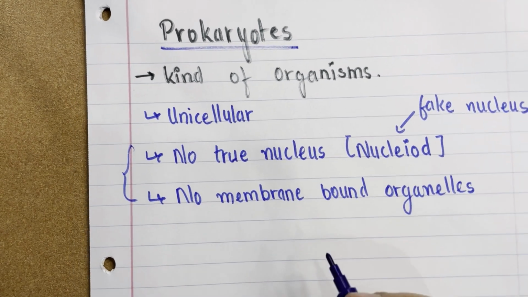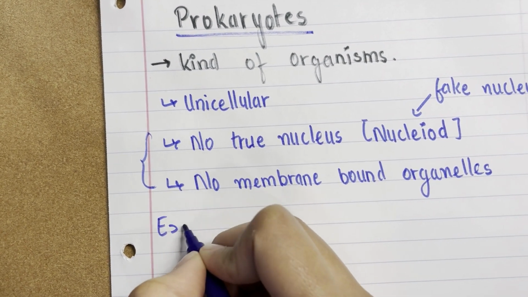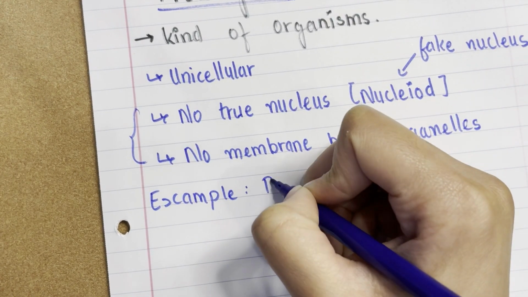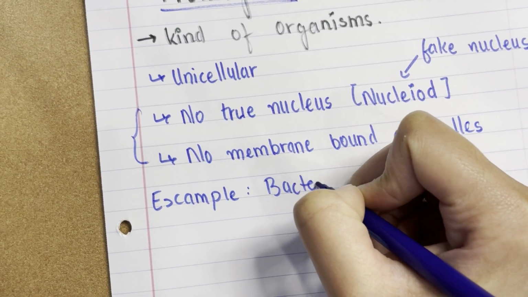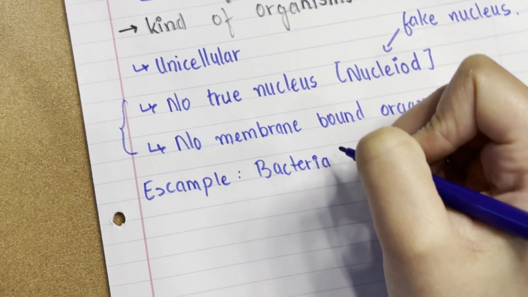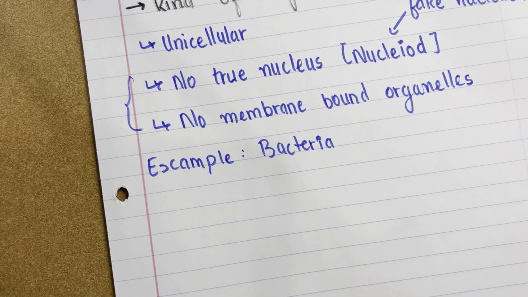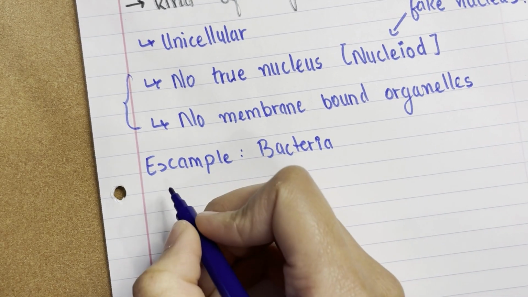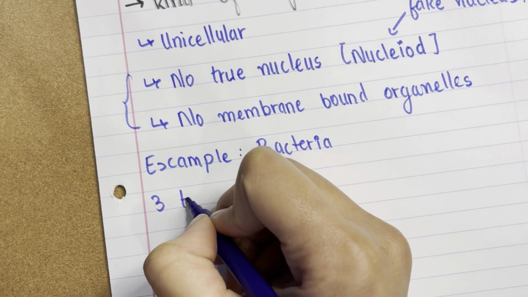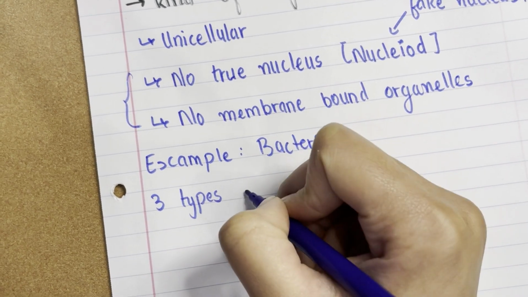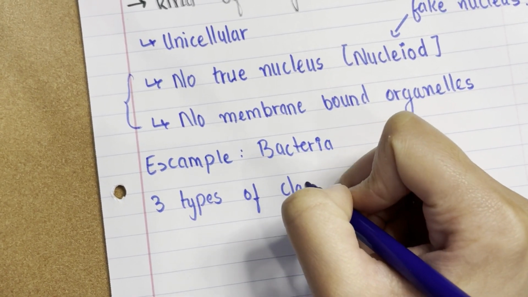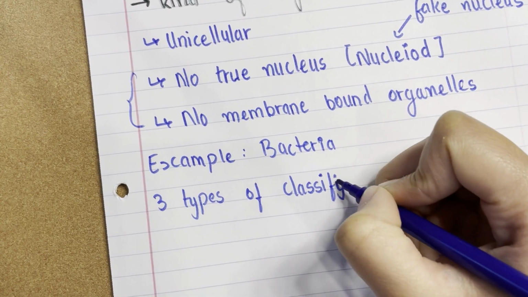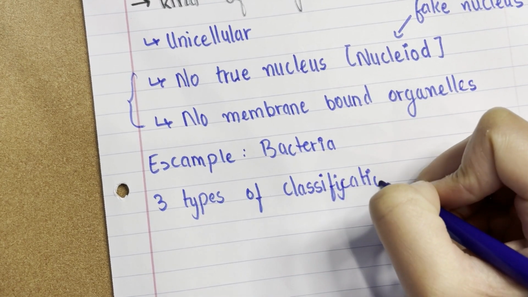An example of a prokaryote would be bacteria. And there are like 3 types of classification, the way we can classify them.